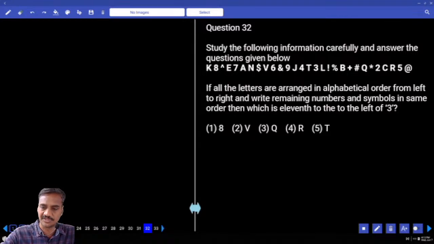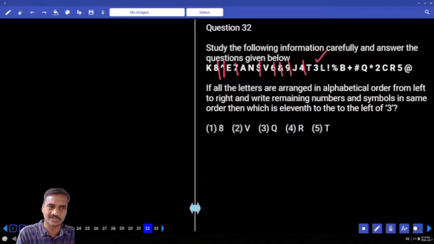Now without counting the letters, check out the remaining: 1, 2, 3, 4, 5, 6, 7 and 8. There are 8 elements to the left hand side.